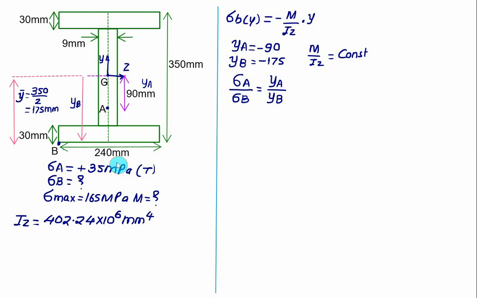The value of sigma A is a positive value, so we have 35 megapascal divided by sigma B equal to 90 divided by 175. Both are negative and will cancel. So we have the bending stress sigma B equal to 175 multiplied by 35 divided by 90, and it comes out to be a positive value. It means that it is tensile. You will get this value close to 68.1 megapascal.